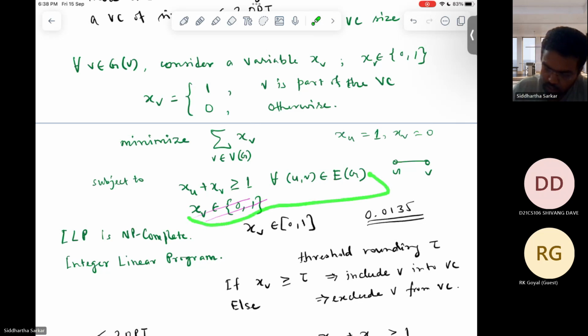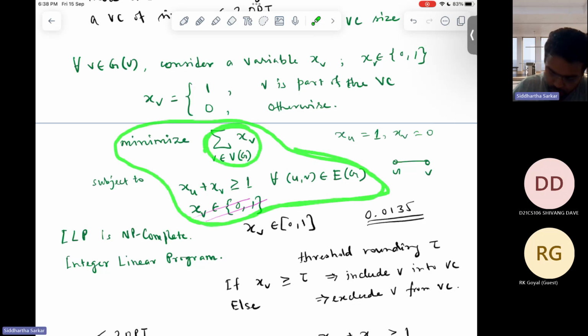This is asking that you give me the minimum value of this objective function, given that I force you to respect these constraints and the other constraint that you can take 0 and 1 values. So this is the integer linear program, OPT. The best solution, the optimum solution corresponding to this linear program, is called OPT.